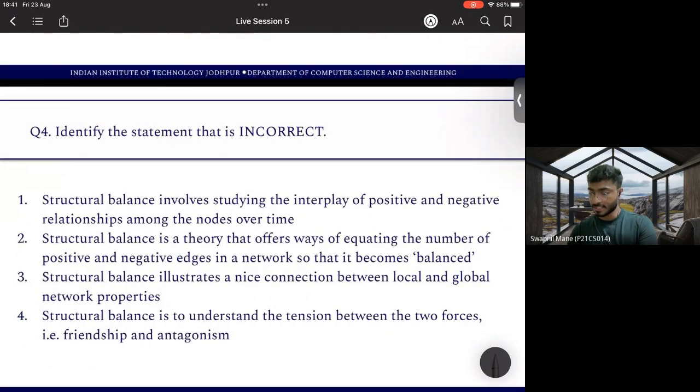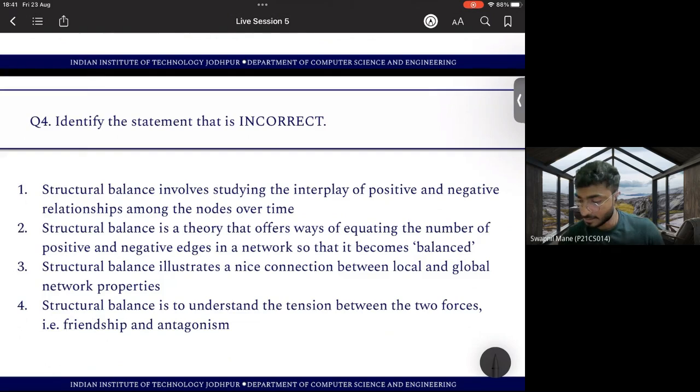Identify the statement that is correct. The first statement is that structural balance involves studying the interplay of positive and negative relationships among the nodes. Please take some time and read these options. What do you think, guys?